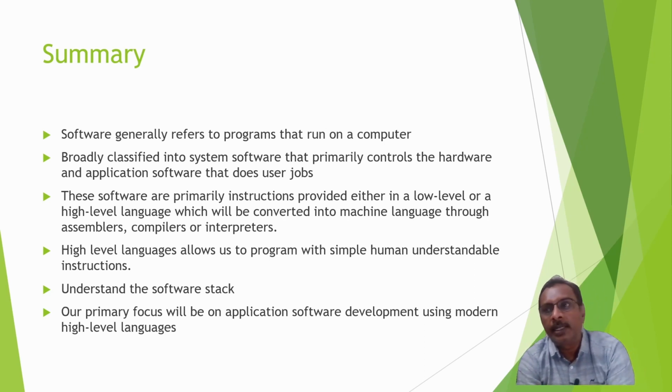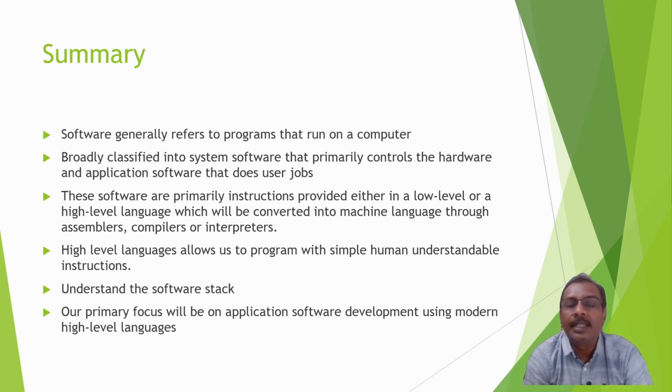It gives a complete report of errors in one go. Whereas an interpreter takes one line, converts it, executes it, takes the second line, converts it, executes it. So it's just-in-time translation to machine language or lower level language. That is what interpreters do.